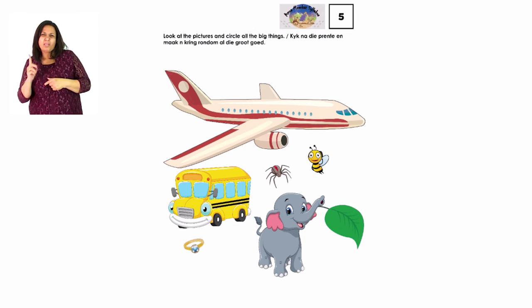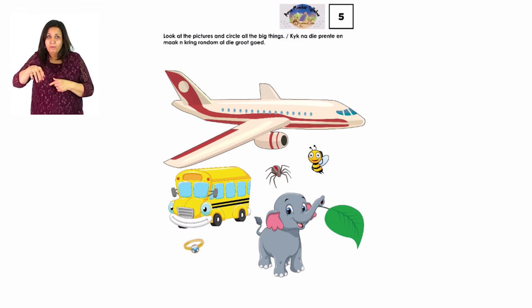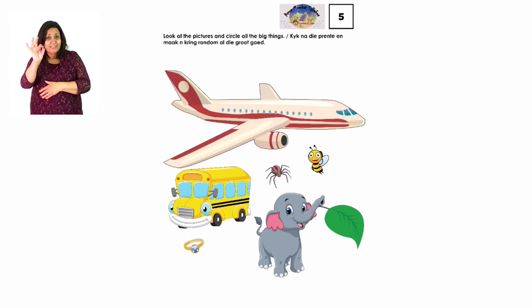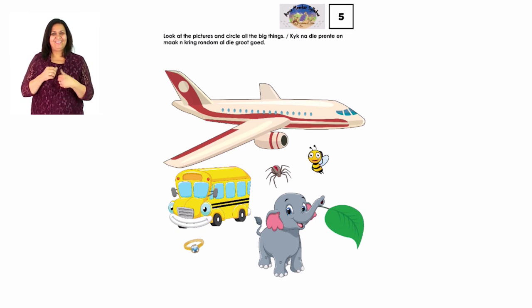What can we see? There is a bug or an insect. Good. Let's move to the next picture. There is a bee. That is a bee. Good. And we have one more picture, rather two more pictures.